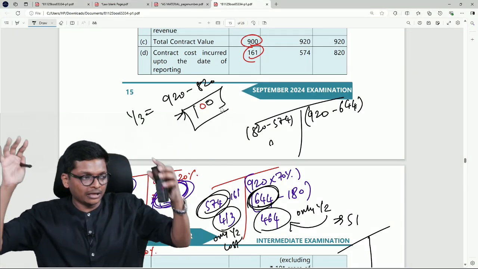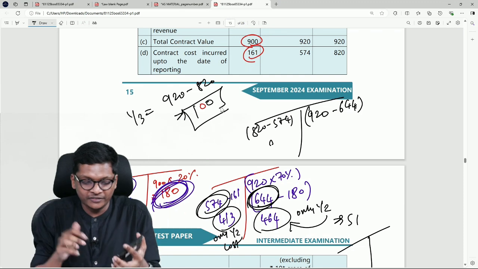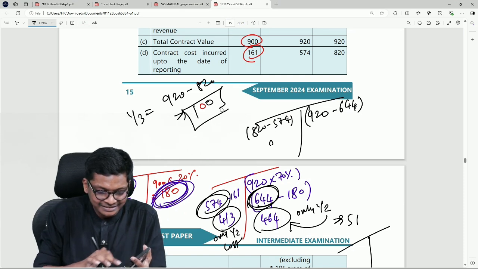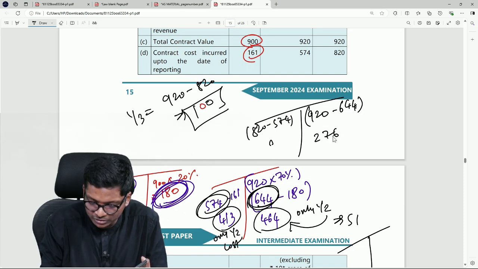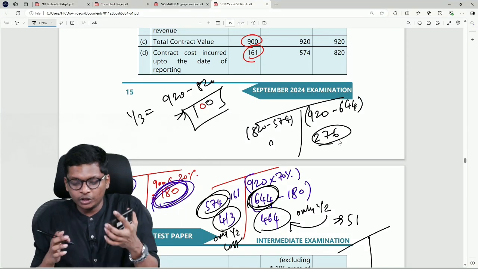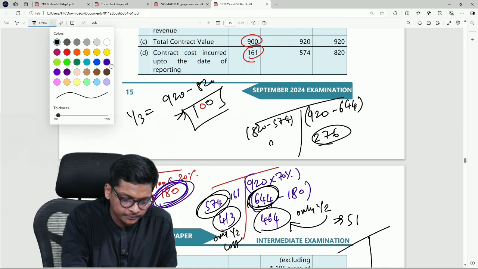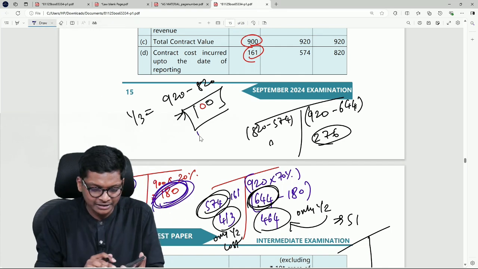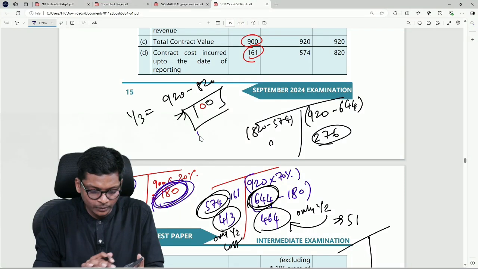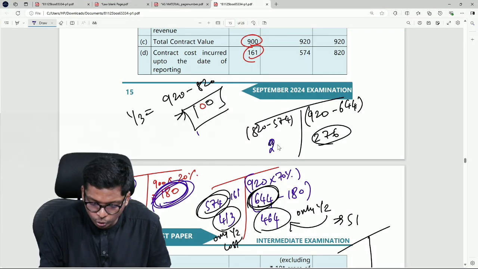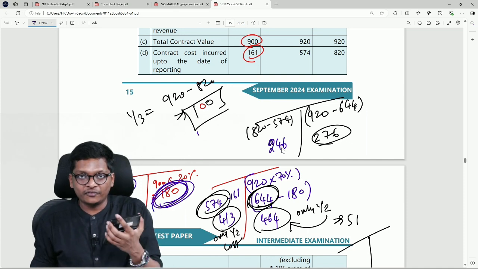This is overall revenue. But what is only revenue of year 3? 920 minus 644 gives me 276 is the only revenue of year 3. And this side you will get, what, guys? Look at this. 820 minus 574, you will get 246 as the cost of year 3.